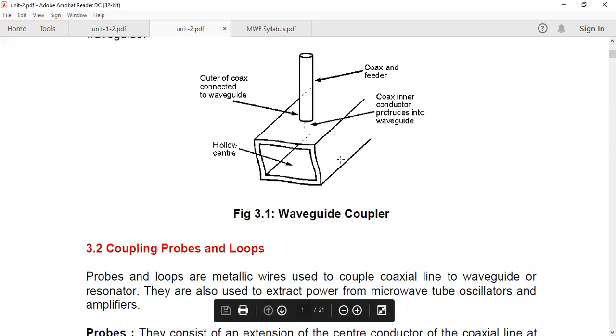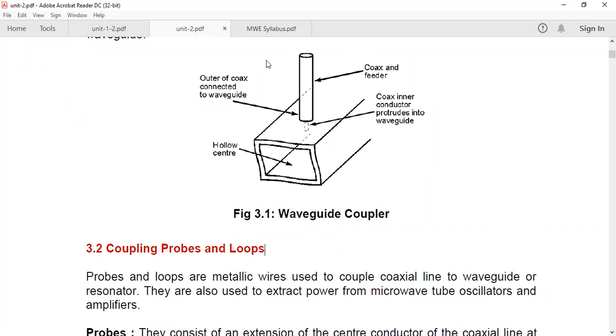Probes and loops. Already we know, suppose this is the x direction, this is the y direction. The electric fields are perpendicular like this. These are the electric field lines.